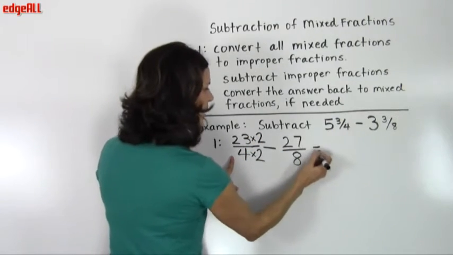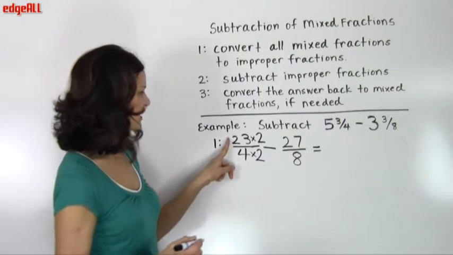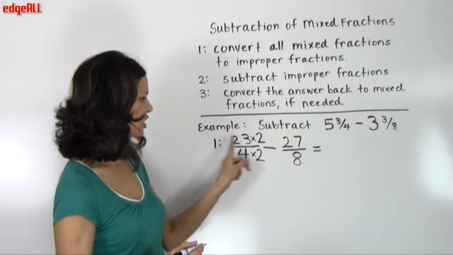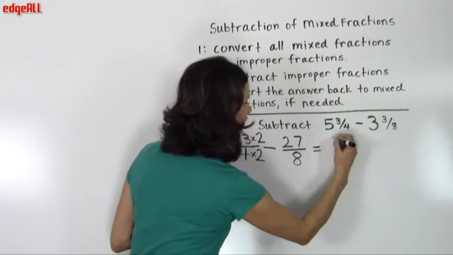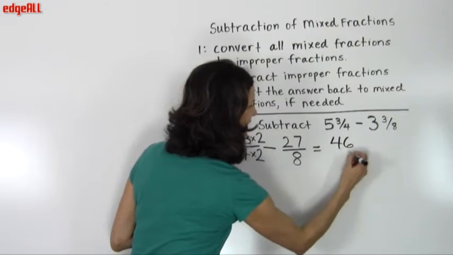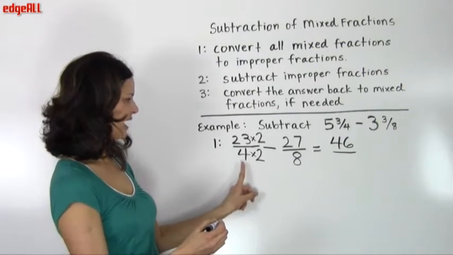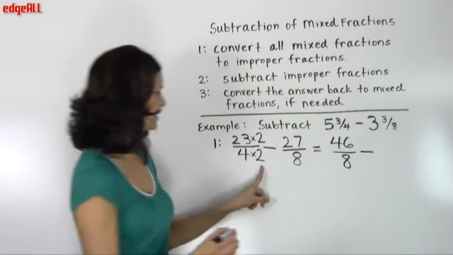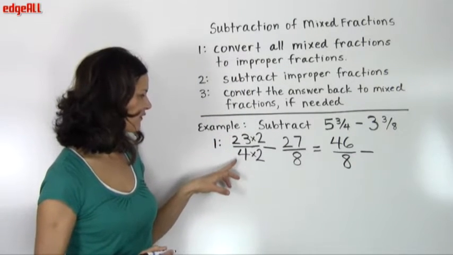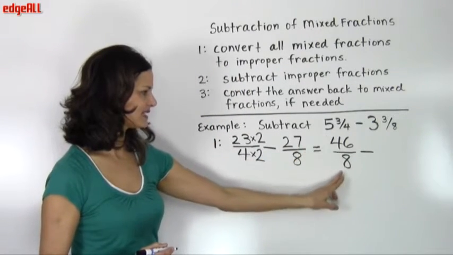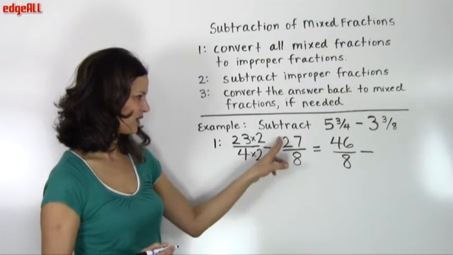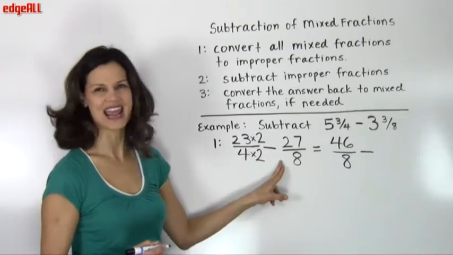So we have 23 times 2 in our numerator, which is 46. And in our denominator, we have 4 times 2, which is 8. So we've now converted 23/4 to 46/8, forcing this to have a common denominator with our other term, 27/8.